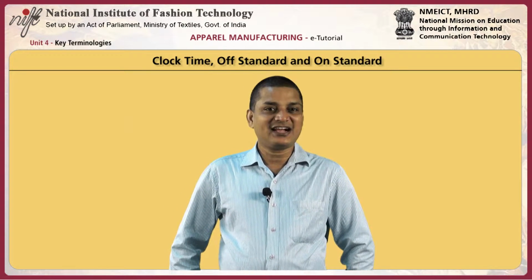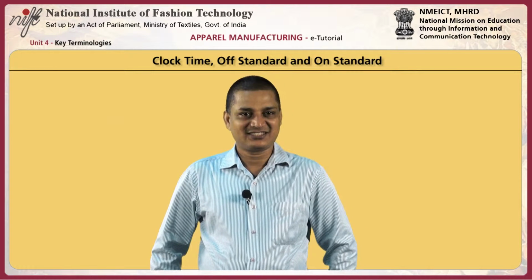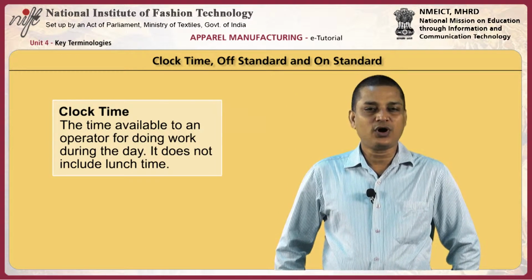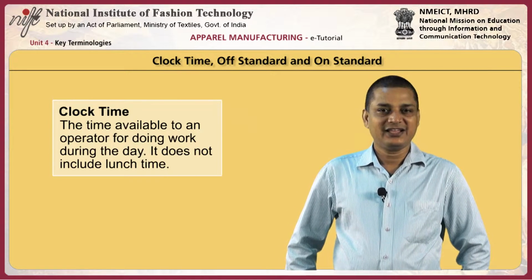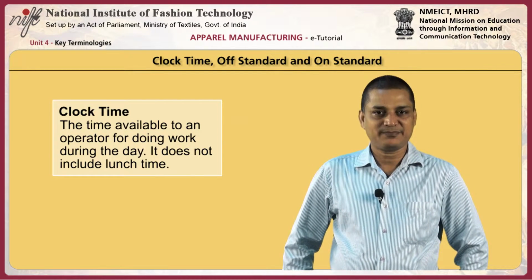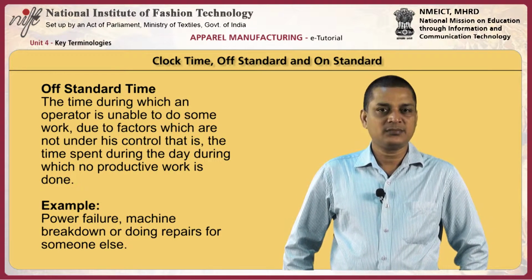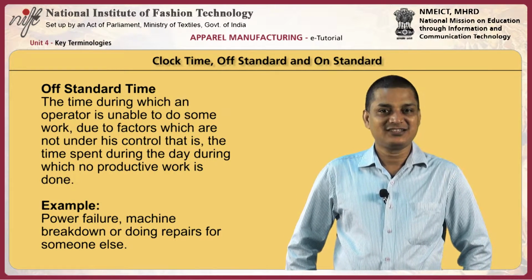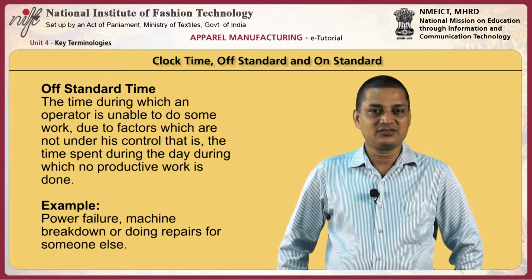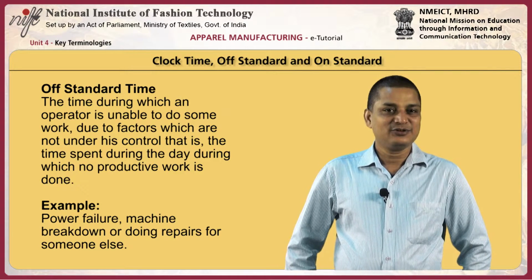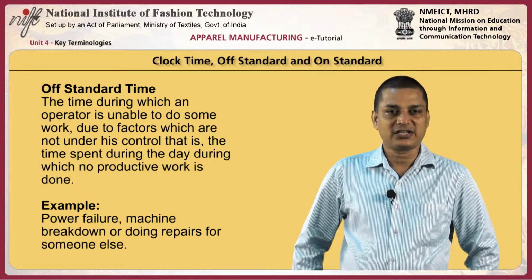Let us now look at some more definitions. The time available to an operator for doing work during the day; it does not include lunch time. Time duration in which an operator is unable to do any work due to factors which are not under his control, that is, the time spent during the day during which no productive work is done.